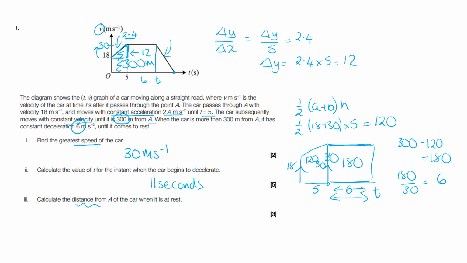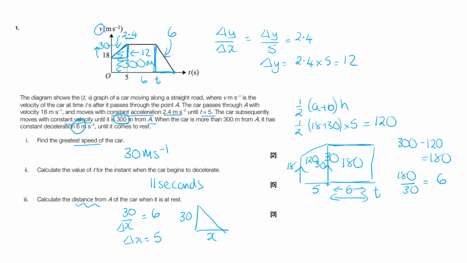The acceleration is going to be 6, and we need to do another rise over run. So we know that the rise is 30, the change in y. We need to know what the change in x is in order for that gradient to be 6. So 30 divided by the change in x is equal to 6. So therefore the change in x must equal 5.